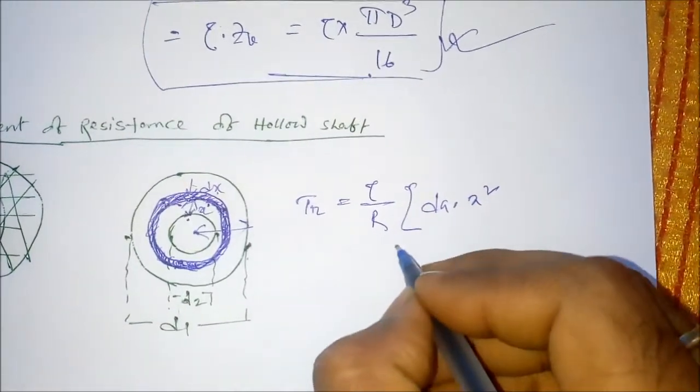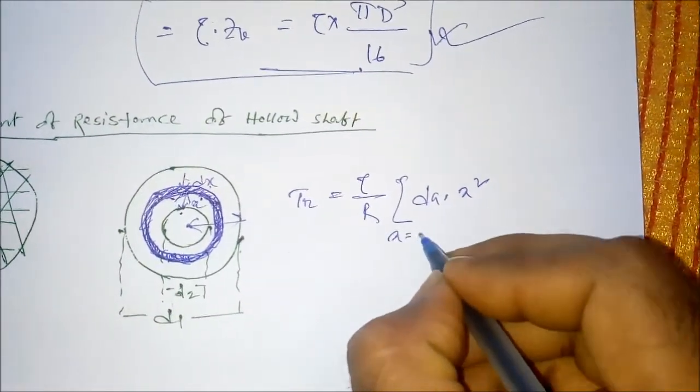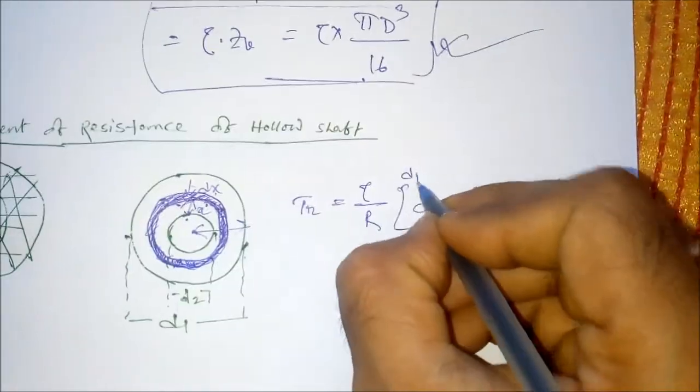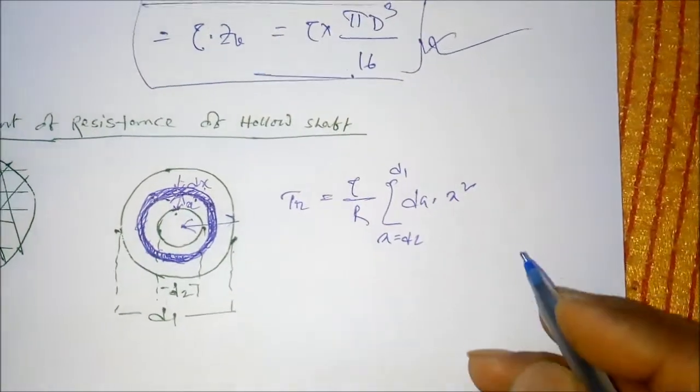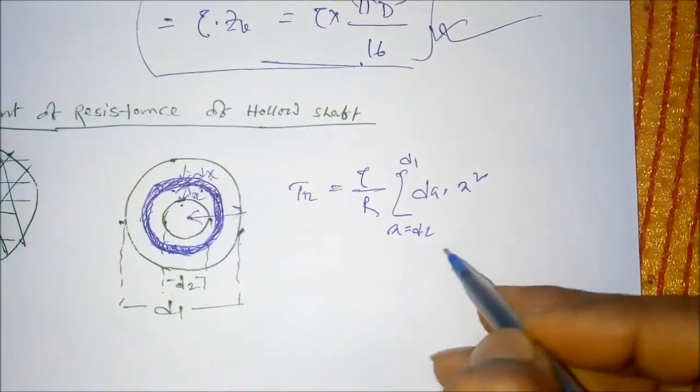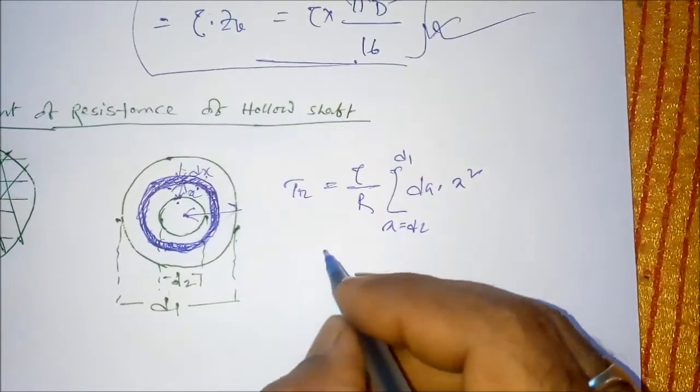But in this case you have to vary your x from d2 to d1, right? The lower limit will be d2 and the upper limit will be d1. If you vary, you will get the total torsional resistance for the section.